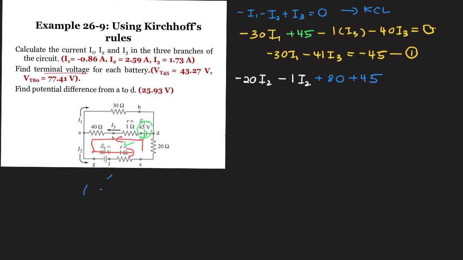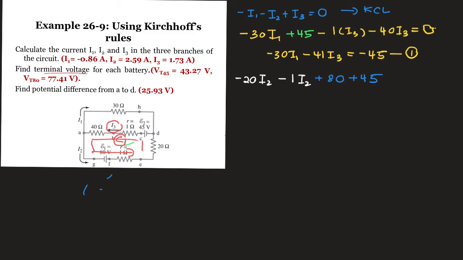Then we focus at the resistors 1 ohm and 40 ohms. We are going to look at the current inside the circuit and assumption loop number 2. Because it's in the same direction, it is going to be negative voltage at 1 ohm and 40 ohms.